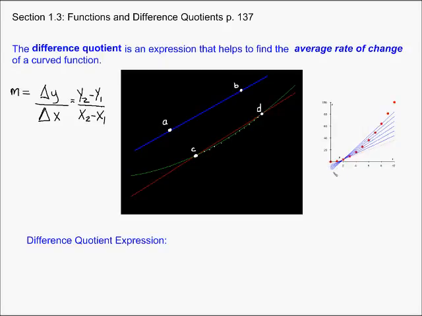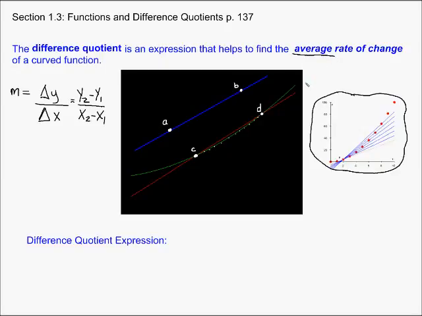And you can see here, on this graph, I show you how the slope changes ever so slightly as you move along the curve. So one slope isn't going to give us the rate of change of the curved function. What we need to do is take the average of all the slopes.